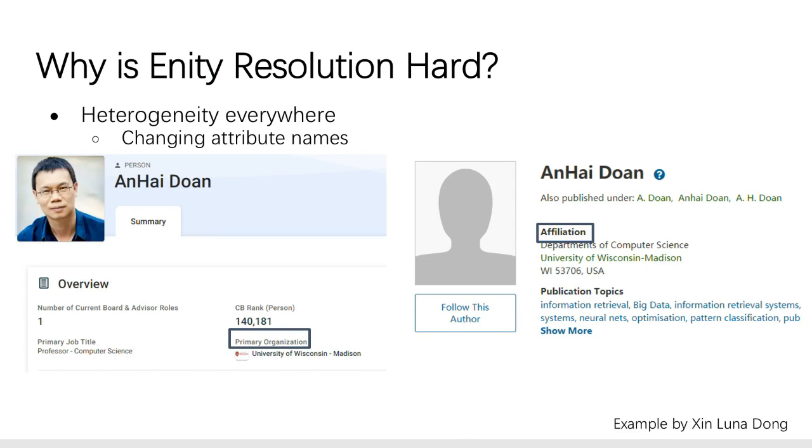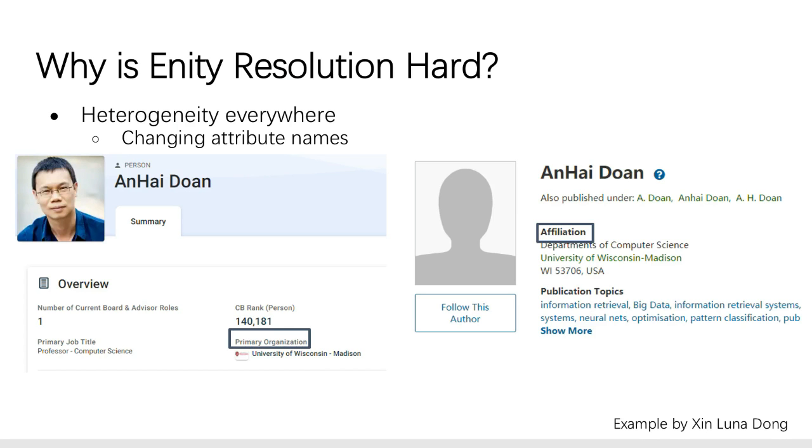Another kind of difficulty comes from changing attribute names. As a very simple example, by the way, some of the slides come from excellent surveys and tutorials from Luna Xingdong. Here Anhai Doan is one researcher working in this domain as well.